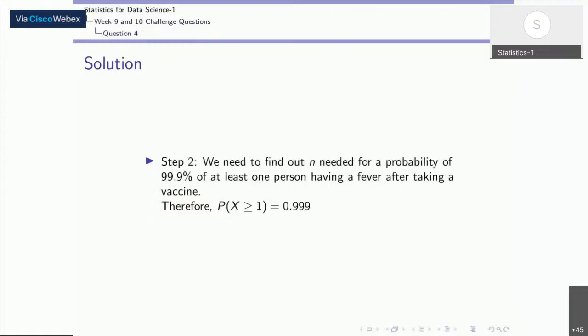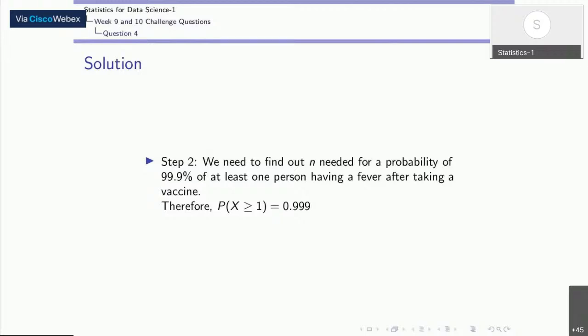Then step two: we need to find n, that means the number of people we are randomly selecting, the sample size, for a probability of 99.9% that at least one person will fall sick after taking a vaccine.